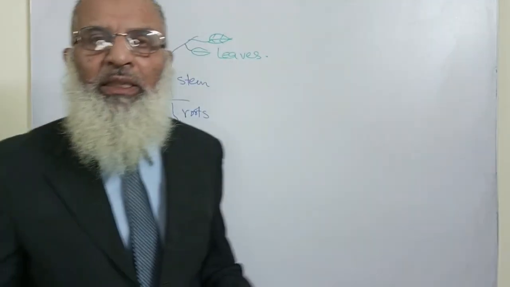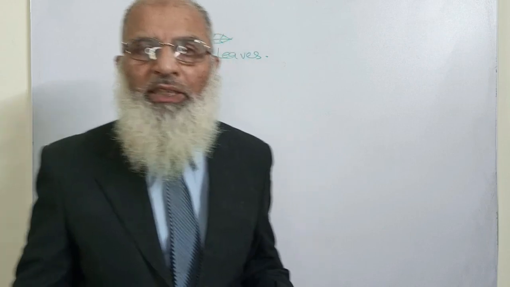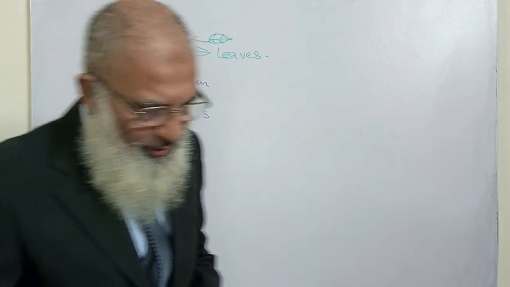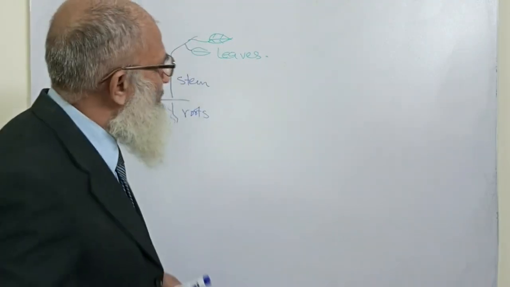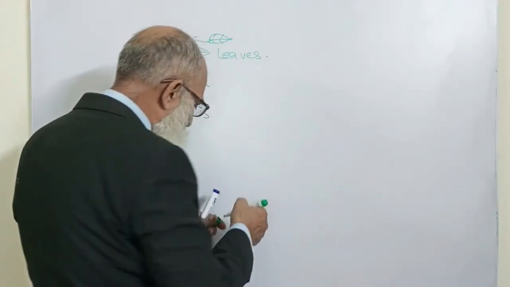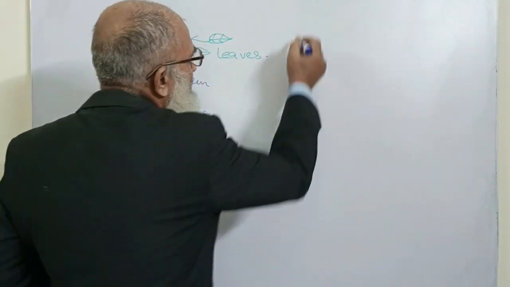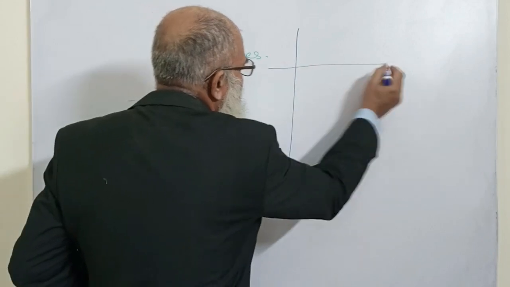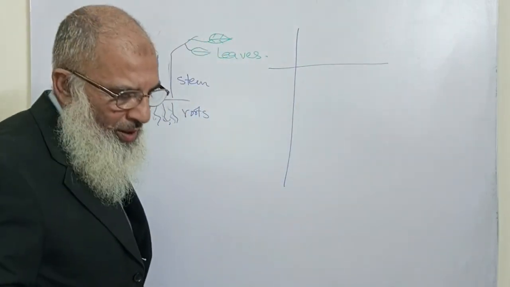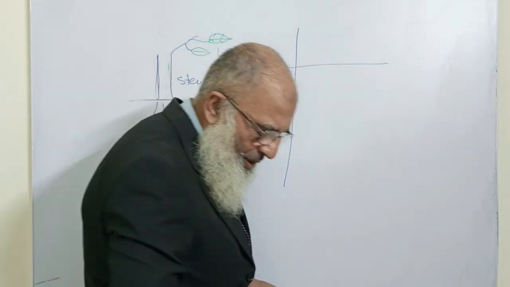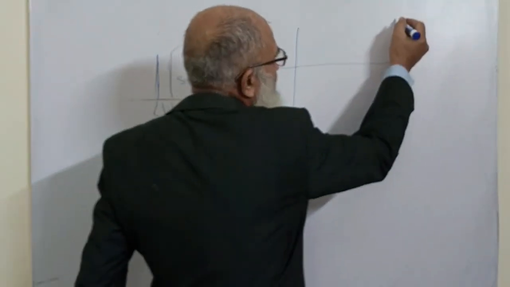Now, there are certain rules for stem and leaf diagram. What is stem and leaf diagram? What we do here is we draw lines like this, and we are given with, say, 13.